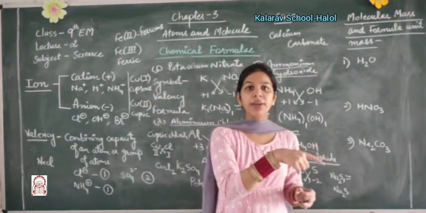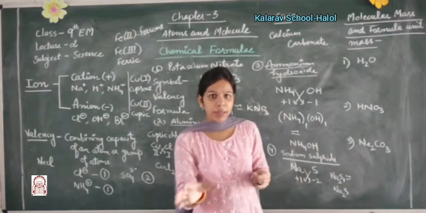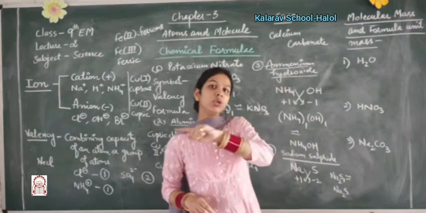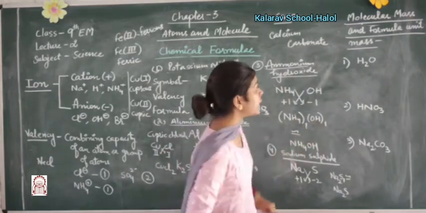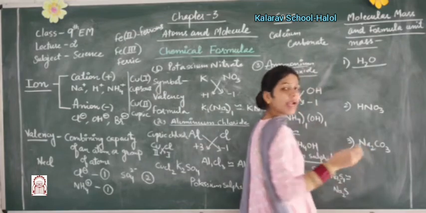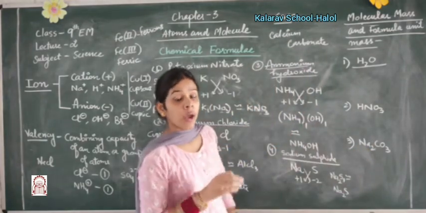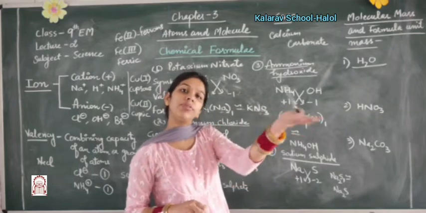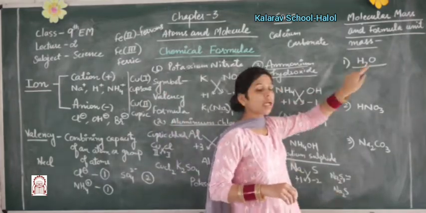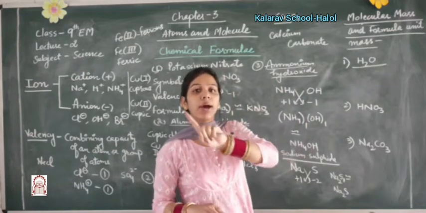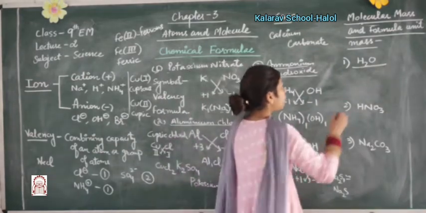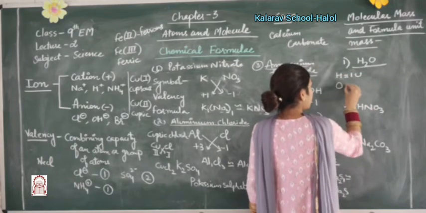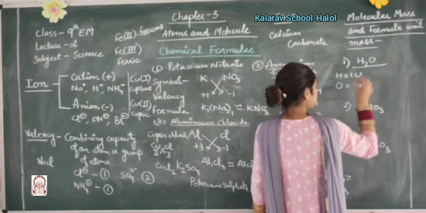In the previous PDF, I had given a summary of the atomic masses of different elements. Here we can use that table. So firstly, in H2O, I have to write the molecular mass of H2O. The definition is the sum of the masses of different atoms. Here we have 3 atoms, 2 atoms of hydrogen and 1 atom of oxygen. The atomic mass of hydrogen is 1 U. Mass of oxygen is 16.